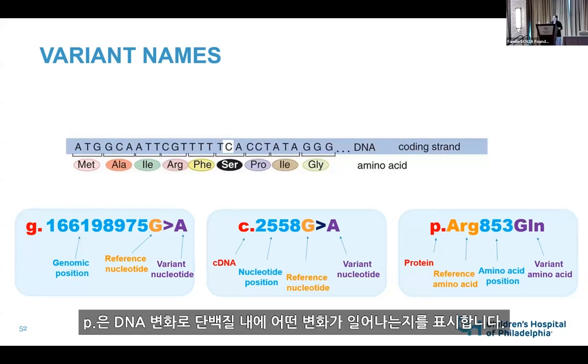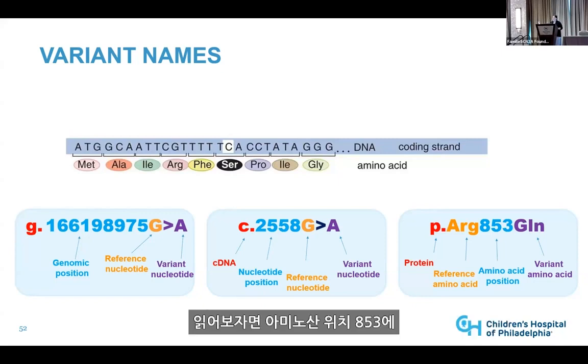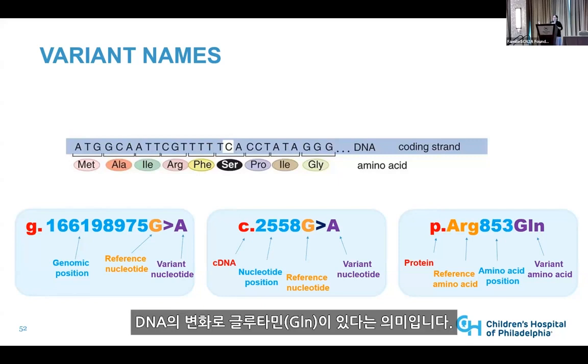So the P dot is referencing what change in the protein is caused by the change in the DNA. The way that you read this is that at the amino acid position 853, typically there's an ARG or an arginine. And instead, because of this change in the DNA, there's a glutamine instead, or GLN.